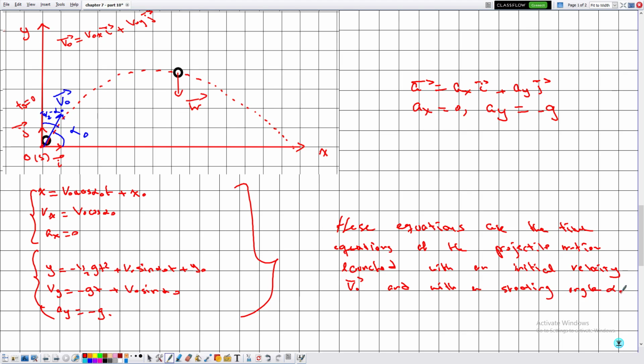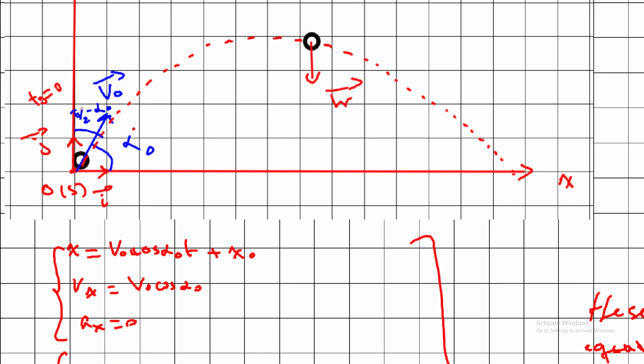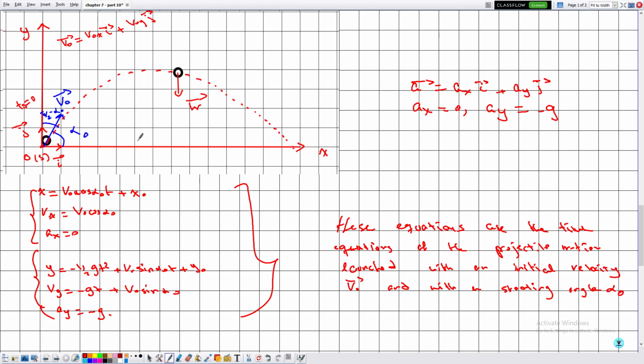Recall that the shooting angle is always this angle and not this angle. Okay, so whenever they specify this angle, this is the shooting angle.